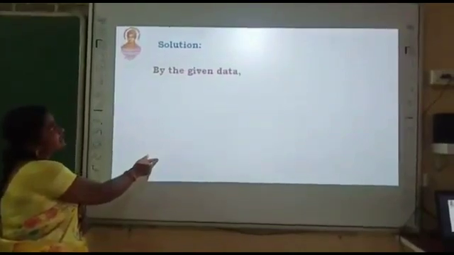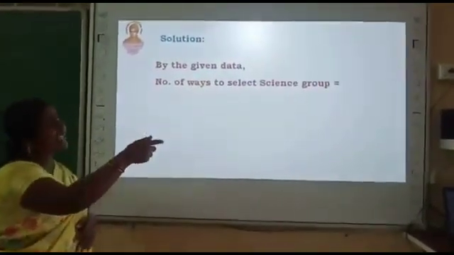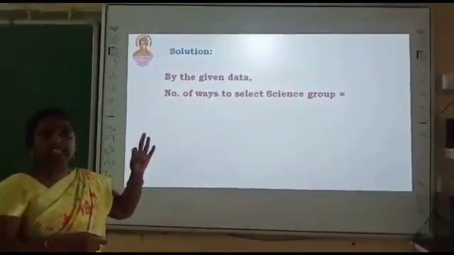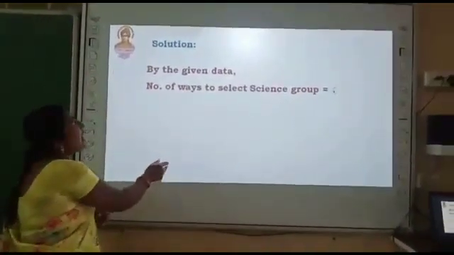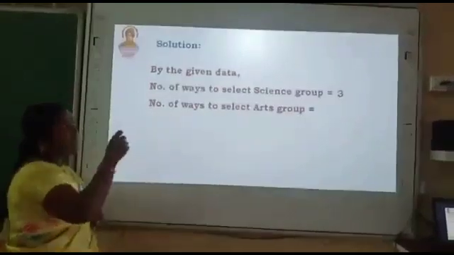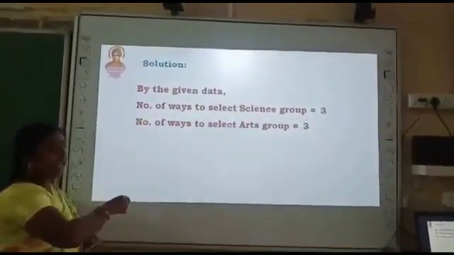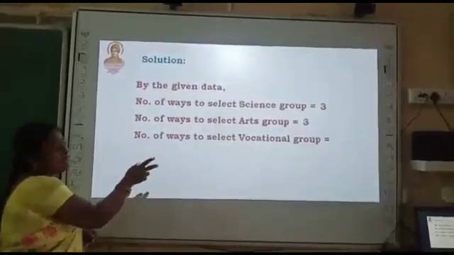By the given data, the number of ways to select the science group is 3, the number of ways to select the arts group is also 3, and the number of ways to select the vocational group is 2.